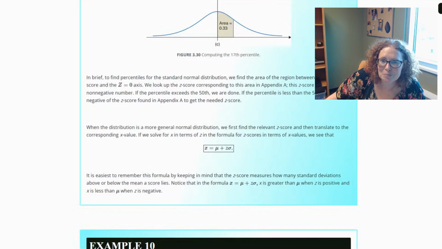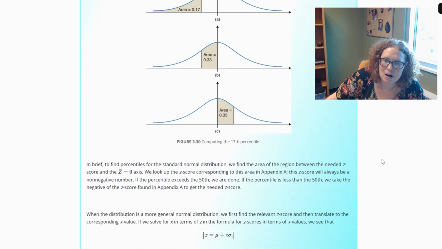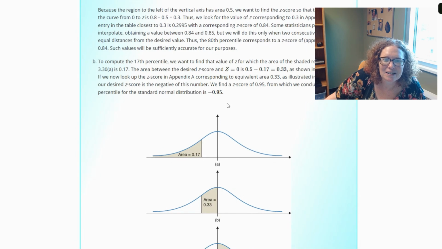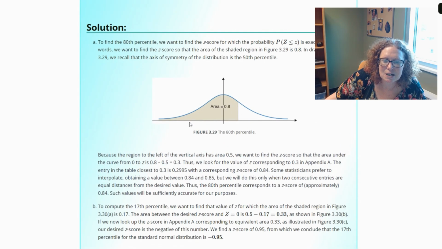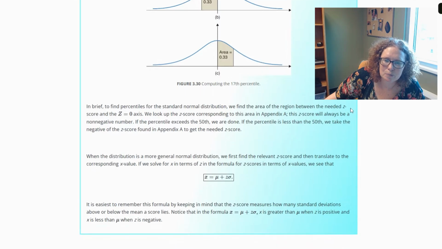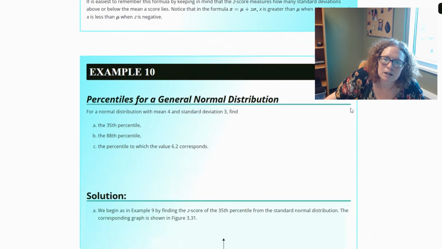That will help you determine whether you're going to have a positive or a negative, like when we found up here that this was negative on the 17th percentile, but it was positive on the 80th percentile. So you have to look at the mean and say, okay, what does the mean look like and whether it's negative or positive. That's just one of those standard things that you would look at.